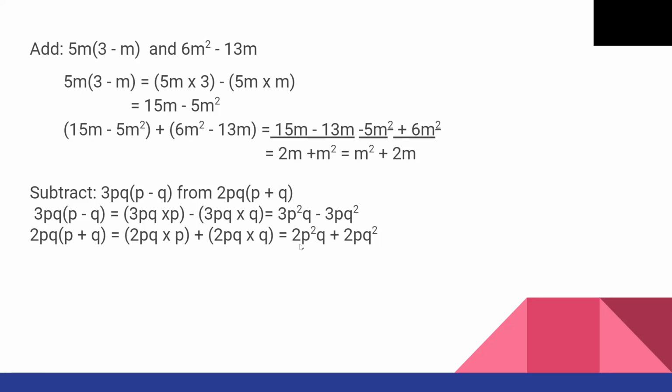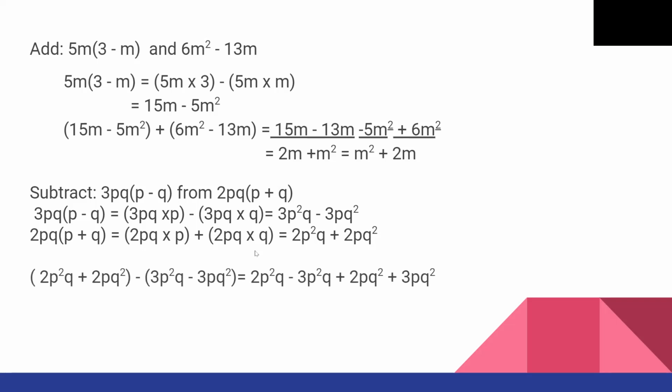From the second answer, the first answer we have to subtract. So I have written in bracket 2p square q plus 2pq square minus the first answer, 3p square q minus 3pq square. Middle we have to subtract, so I have put the subtraction sign.